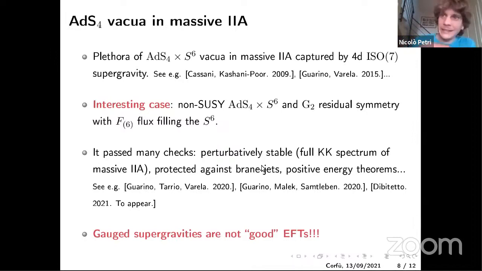So this example is of particular interest because in some sense it poses a challenge to swampland conjectures. And our idea to study this situation moves from the idea that gauged supergravities are not always good effective field theories.